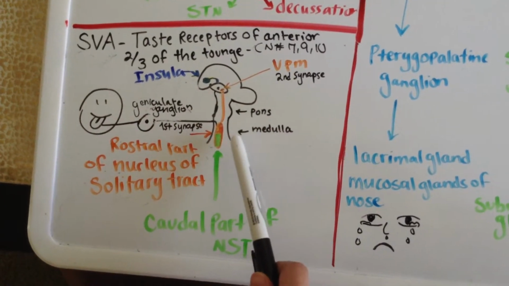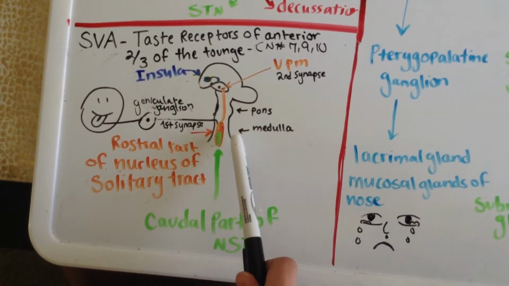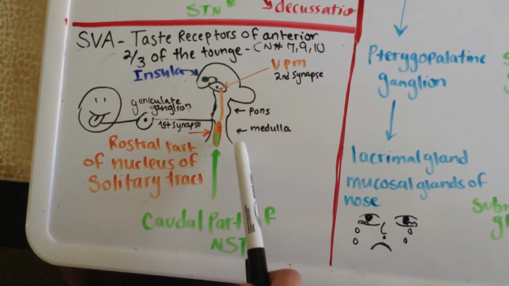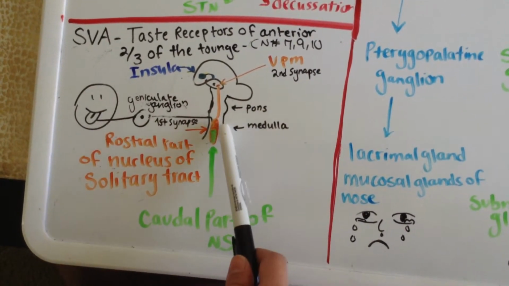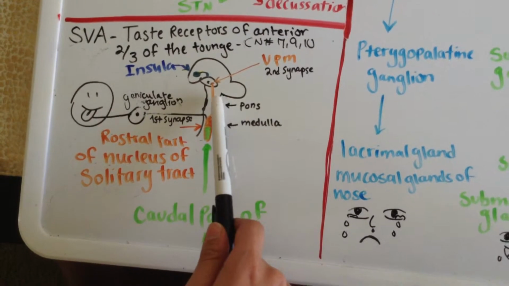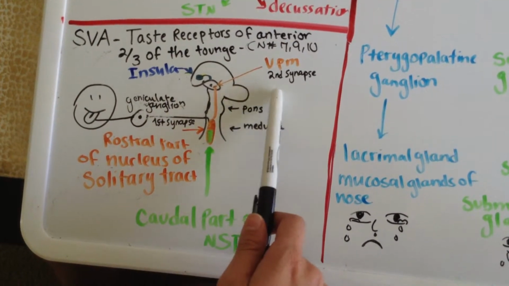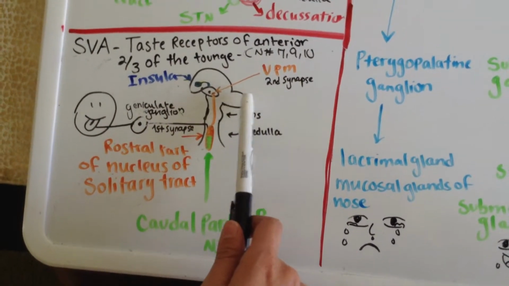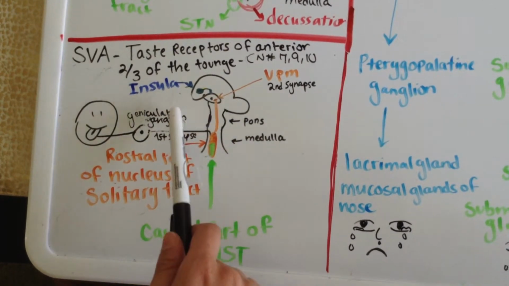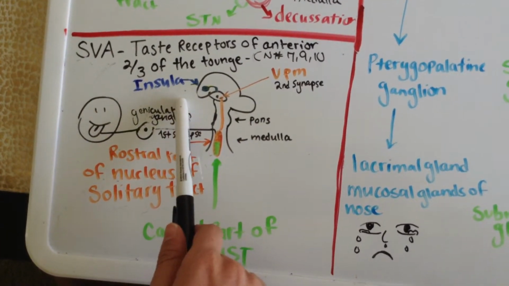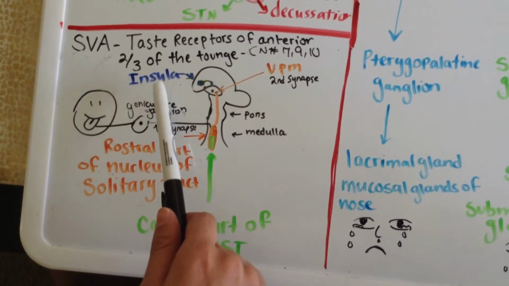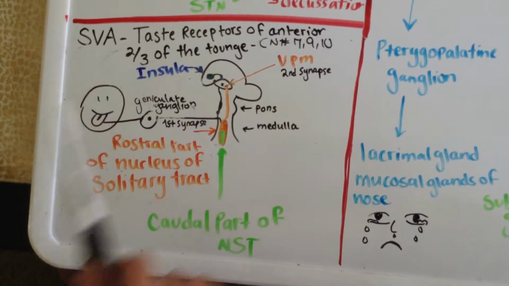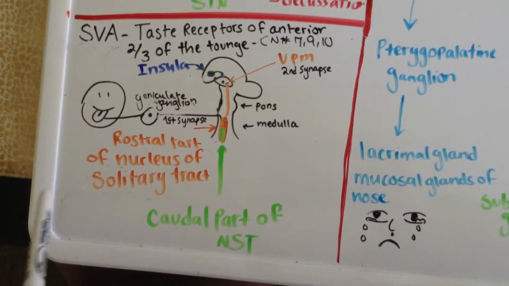So they will enter the medulla, and they will synapse in the rostral part of the nucleus of solitary tract. Then they will ascend, and the next synapse is at VPM, the ventral posteromedial nucleus of the thalamus, and then they will go into the insula, and specifically the gustatory nucleus, and you will have your last synapse there.